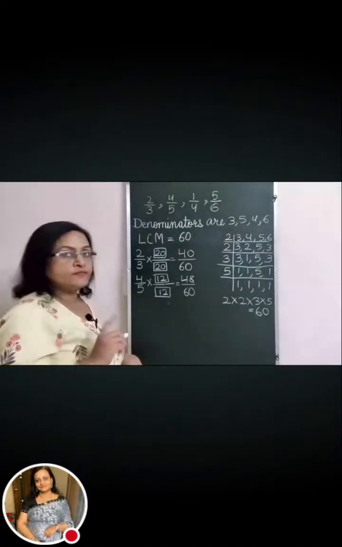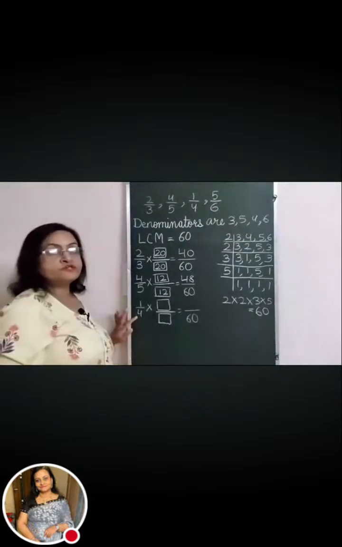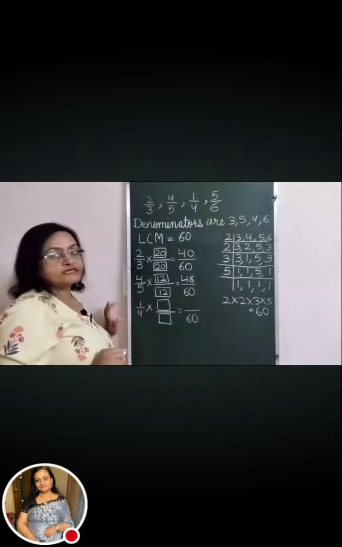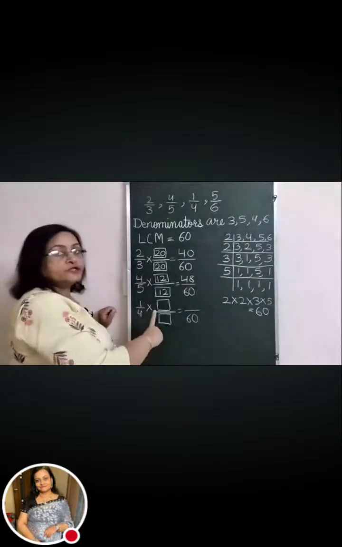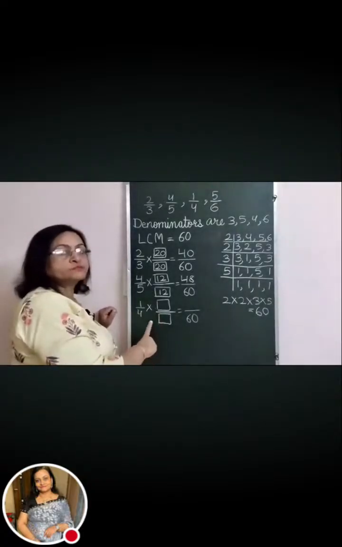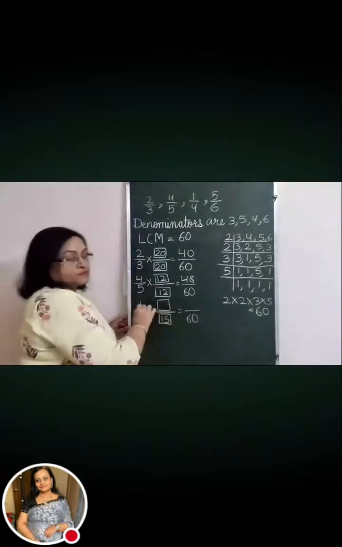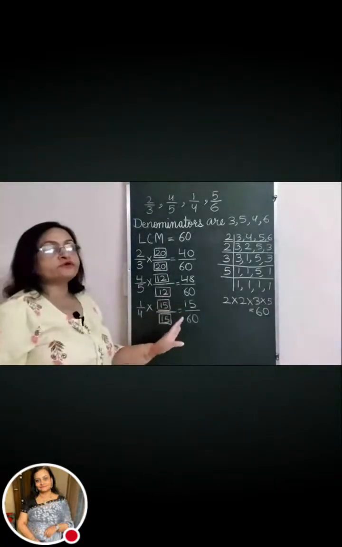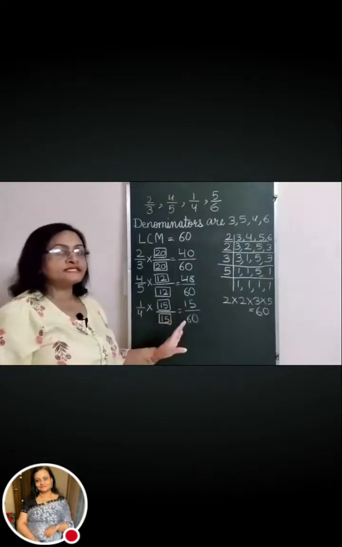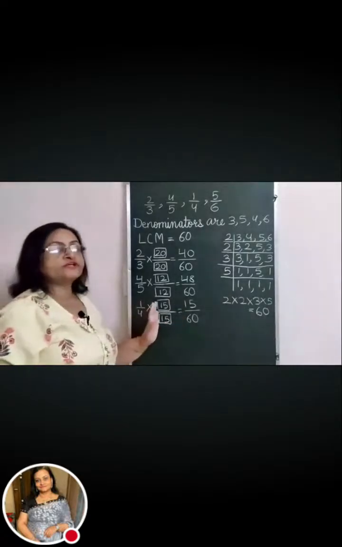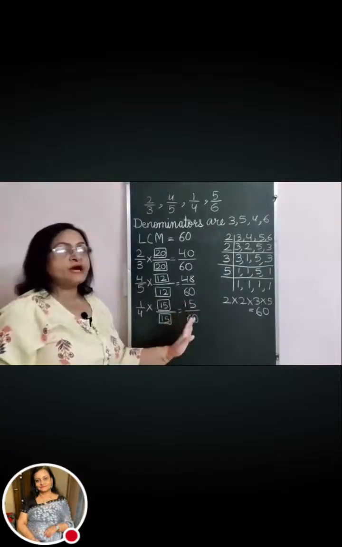Next we will take 1 by 4. Now by which number we should multiply 4? 15 4s are 60. So we will multiply numerator and denominator both by 15. 15 4s are 60 and 15 multiplied by 1 is 15. This way we have got the fraction 15 by 60. That means 1 by 4 is equivalent to 15 by 60.